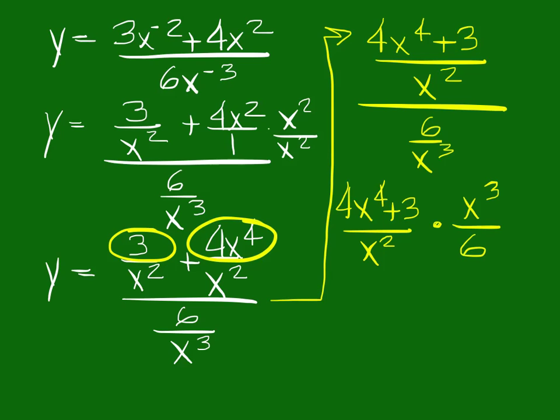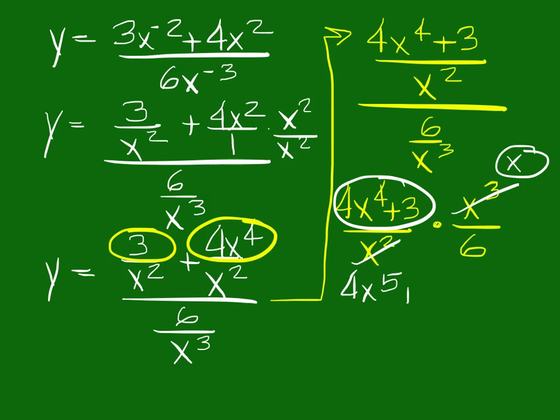And when you do that, that will allow you to cancel x squared and x to the third, leaving just an x on the top there. And multiply this x by these items to get 4x to the fifth plus 3x. And then on the bottom, you'll have just a 6.